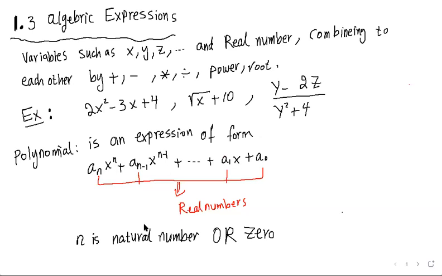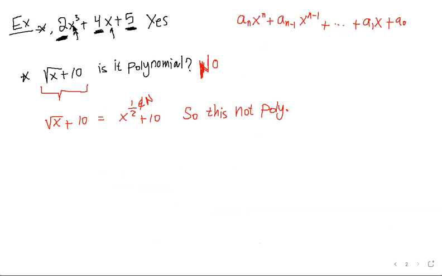But here the n must be a natural number or 0. If we go to the first example, we have real numbers 5, 4, 3, x is a variable, with powers 3 and 1. 3 and 1 are natural numbers. So this is a polynomial.